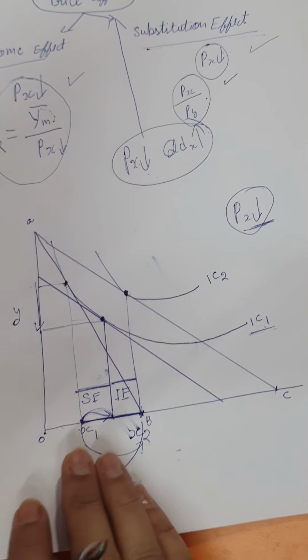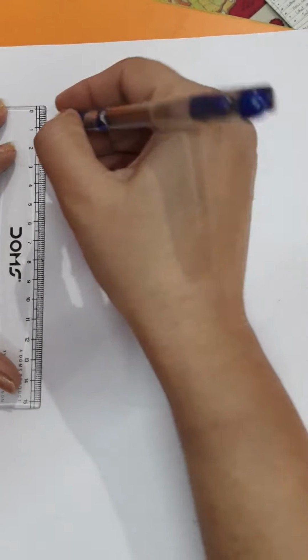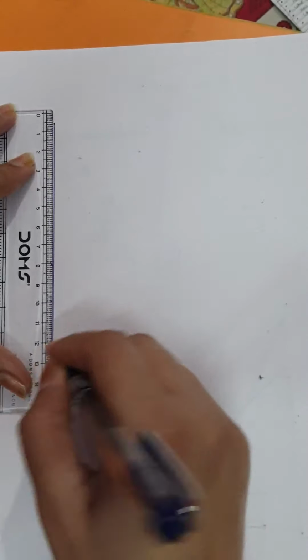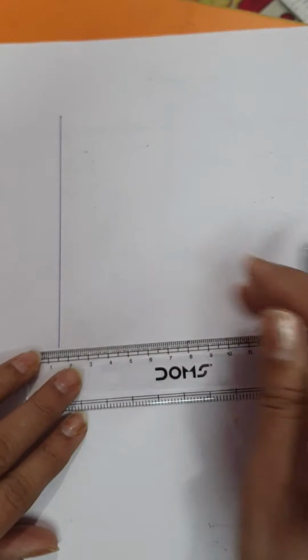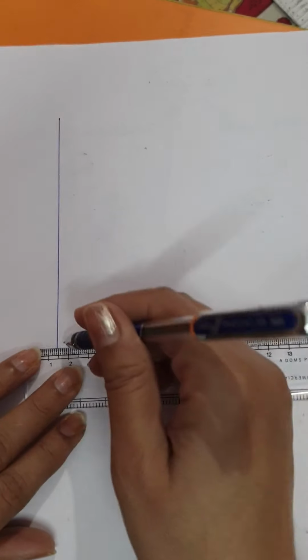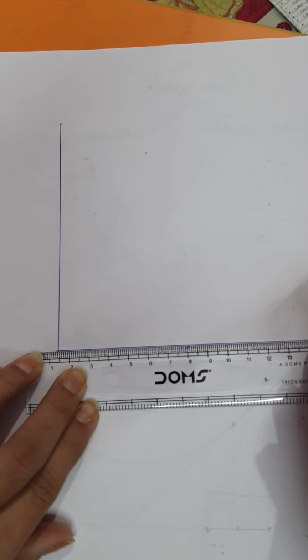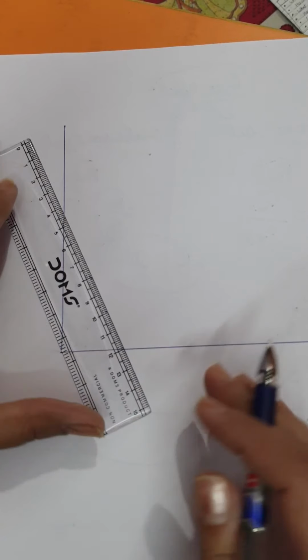Okay, to draw this diagram neat and clean, I can give you some ideas. If you want to draw this diagram very neat and clean, then you can draw it like this, because we always draw step by step, because I have to make you people understand the concept.